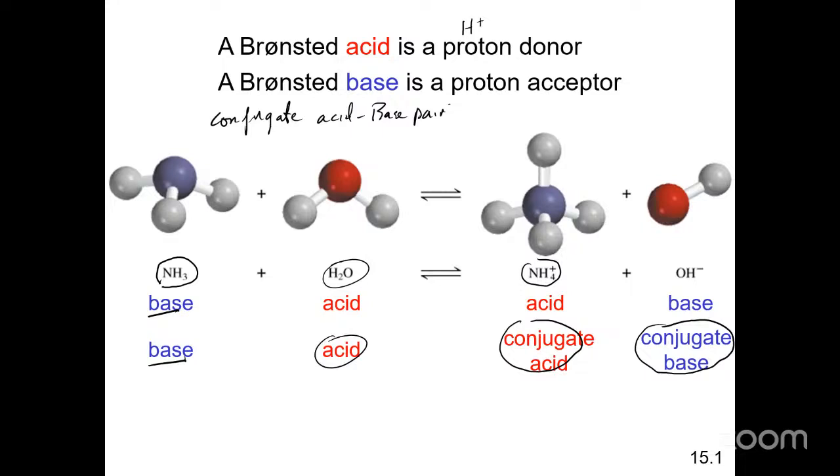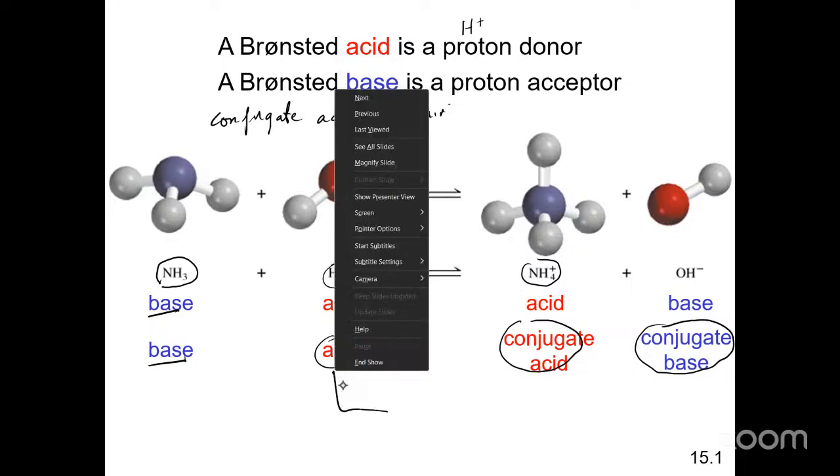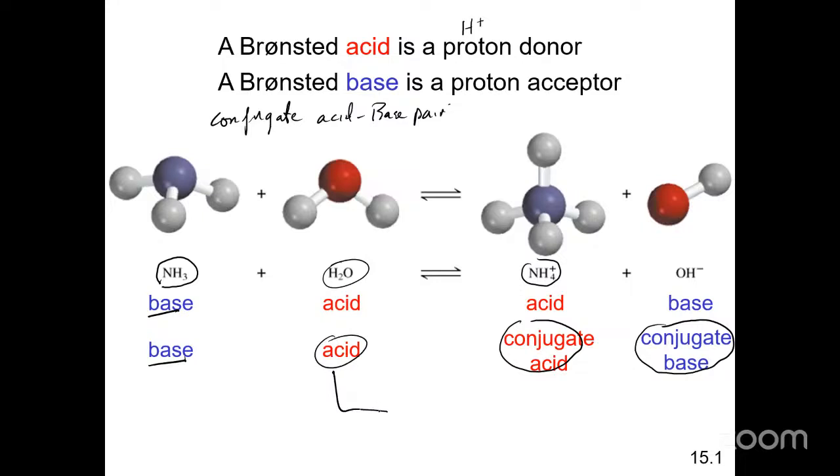So we call this here, going from here to here, the hydroxide and the water, a conjugate acid base pair.